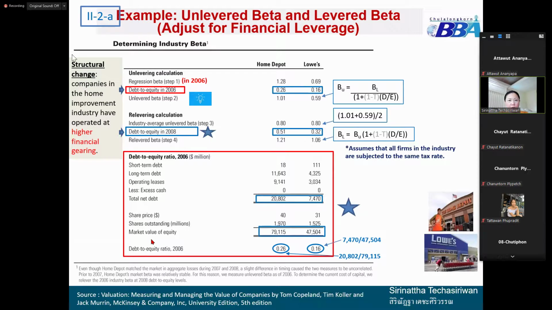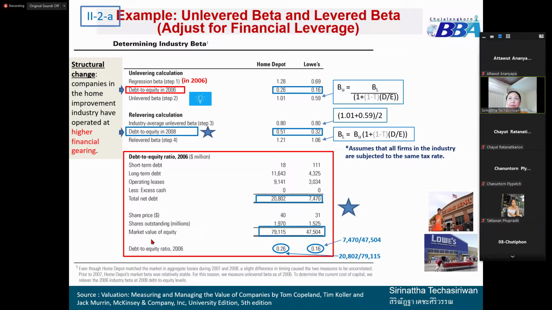So this example is a case of a structural change. There are two companies here, Home Depot and Lowe's, which are the two home improvement companies. So they are in the home improvement business. But in this case, the analysts expect that the debt ratio of a company in the home improvement business will change in 2008 compared to 2006, with a higher gearing ratio, a higher level of debt.